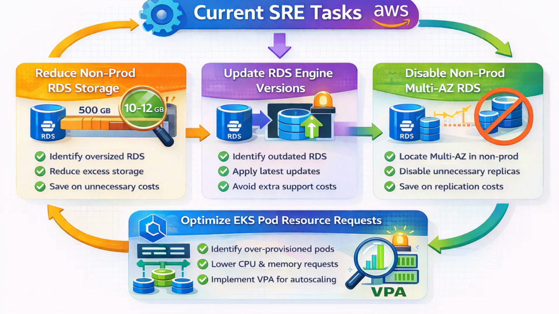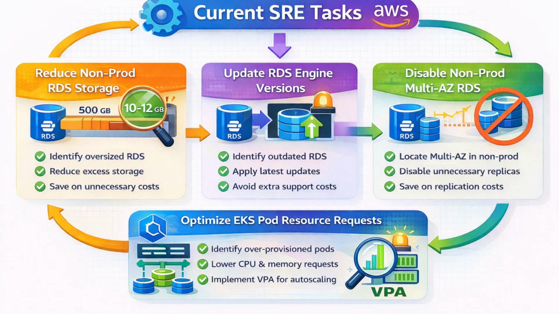Apart from that, in AWS, whenever there is a new update available for the database engine version, AWS is going to recommend that and notify us that there's a new version available, and we can choose the maintenance window of our choice and apply those updates so that we are using the latest version of the database engine. Right now we have identified a few RDS instances for which I don't see the latest updates being applied.